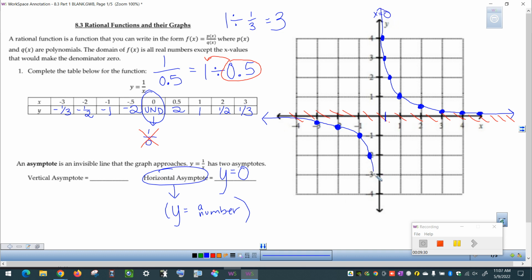And the same exact thing is going to happen down here below. So as it's going up or as it's going down, it's getting closer and closer to the y-axis, but it's not going to actually touch or cross over. So this one also has a vertical asymptote. And yes, that is the equation x equals 0. In our case, it's right on top of the y-axis.